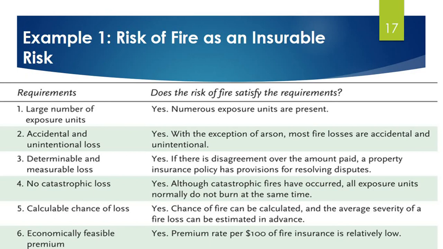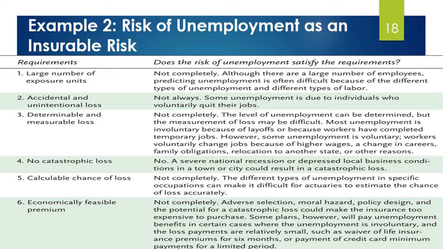Now if you look at the second example, risk of unemployment is not an insurable risk, though there are a large number of employees. It is not possible to predict unemployment, because there are different types of unemployment, different types of labor, and unemployment is not always accidental or unintentional.